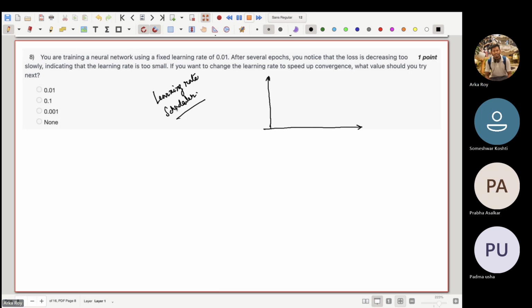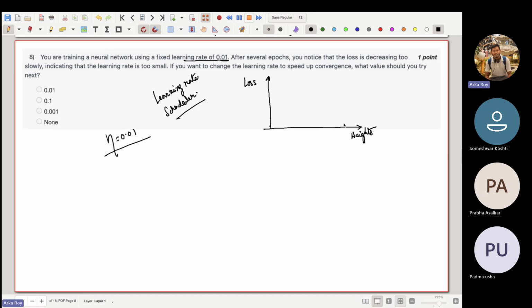So over here you can see the question states that you are training a neural network with a fixed learning rate. That means the learning rate, eta, is 0.01. After several epochs, let's say this is your loss surface. On the y-axis you have loss, and on the x-axis you have the weights.